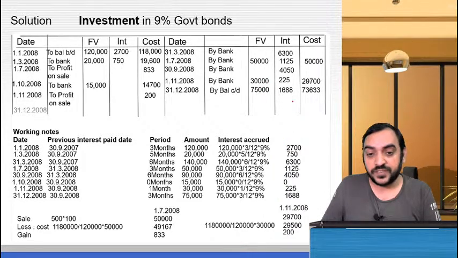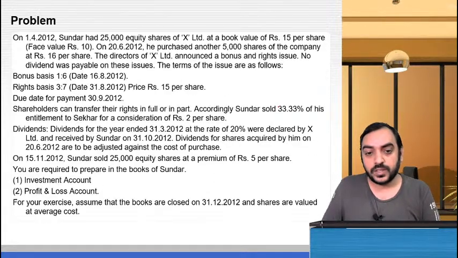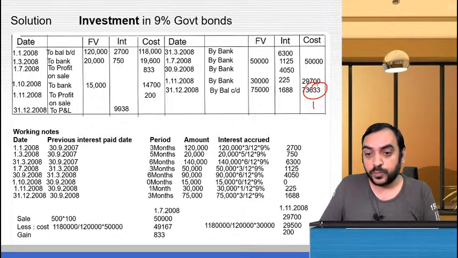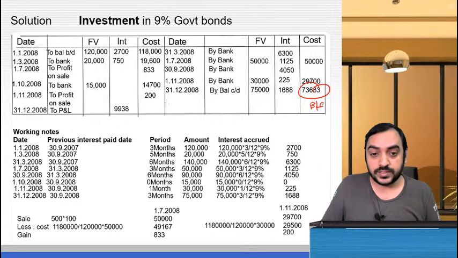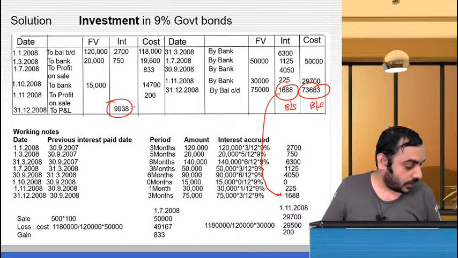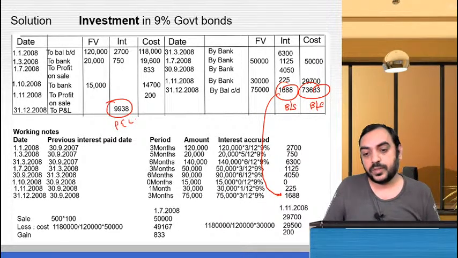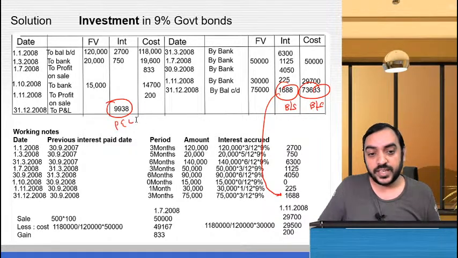You can find the balancing figure in the face value, the balancing figure in the interest column, and the balancing figure in the cost. Balancing figure cost will go to balance sheet. This will go to balance sheet, and this 1688 also will go to balance sheet as an asset, and this 9938 will go to P&L. 1688 is this interest accrued, and 9938 will be transferred to P&L account. Please note down and see if you have any doubts.